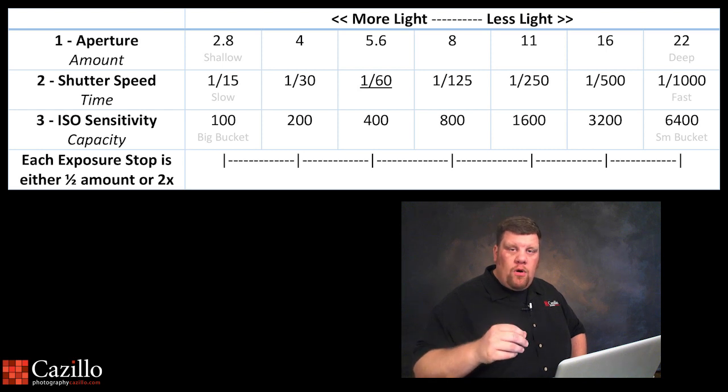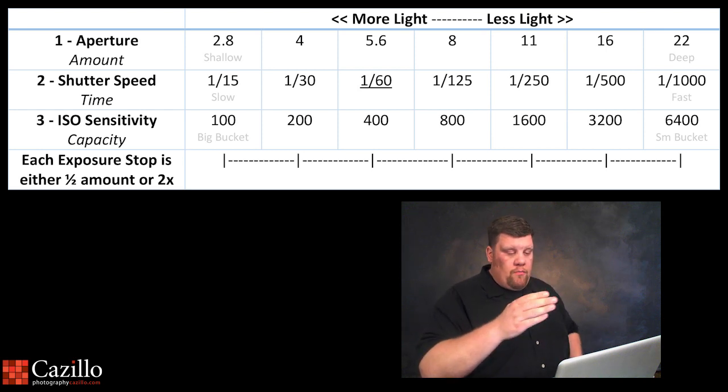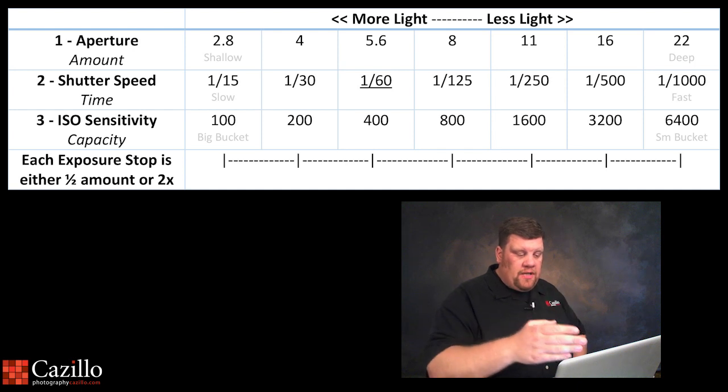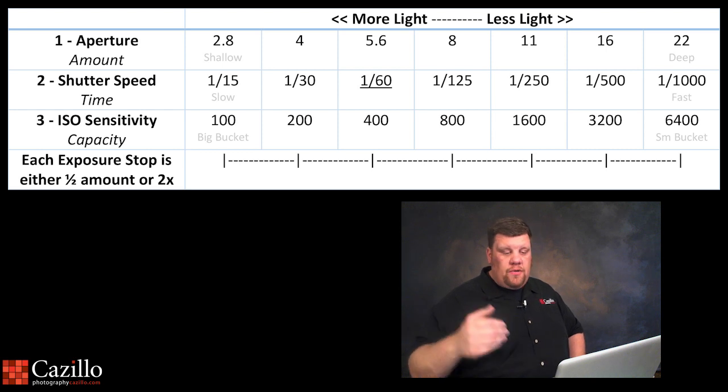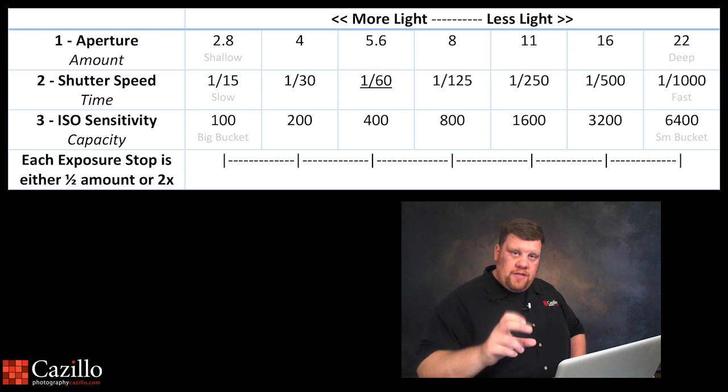A couple more small points about this. Obviously on the scale here, on the left side of the scale, you have your more light, 2.8, 1/15th of a second, or the bigger bucket at ISO 100. On the right side is less light, f/22, 1/1000th of a second, or 6400 is that smaller bucket that you need to fill.